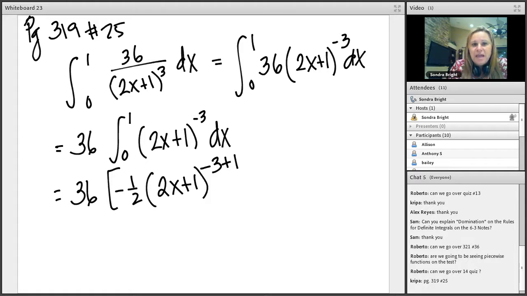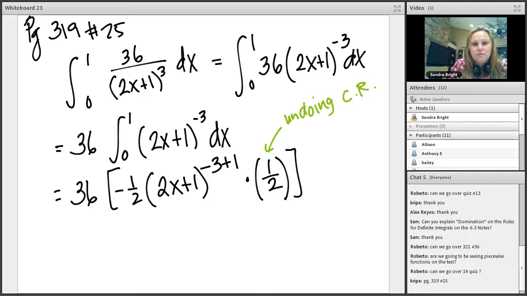The other thing you have to do is, when you took the derivative, you would have had to take the derivative of the inside, the 2x plus 1. So you have to undo the chain rule. The chain rule would have been multiplying by 2, so I'm going to multiply by 1/2.